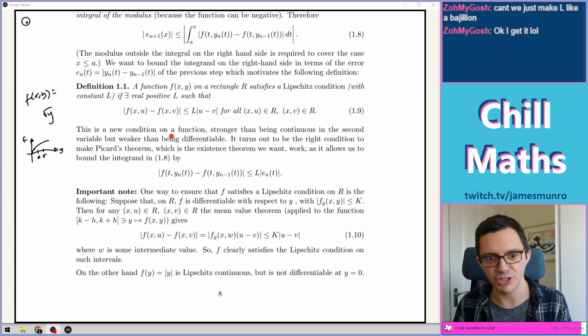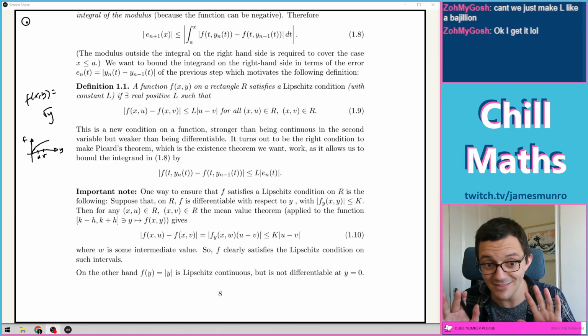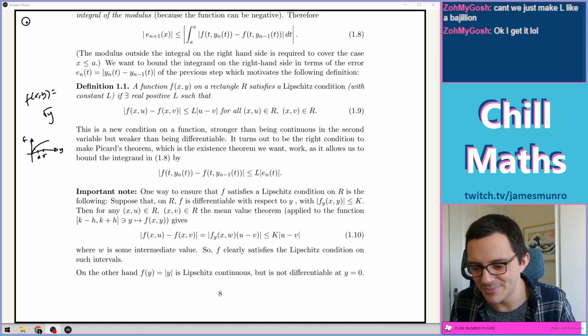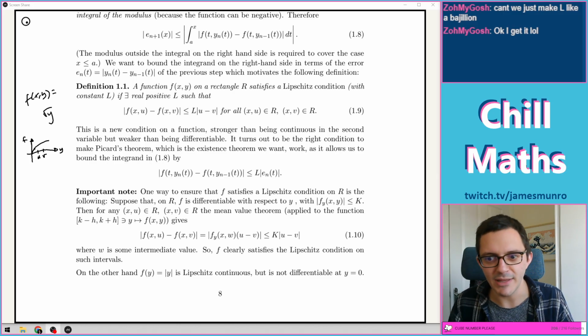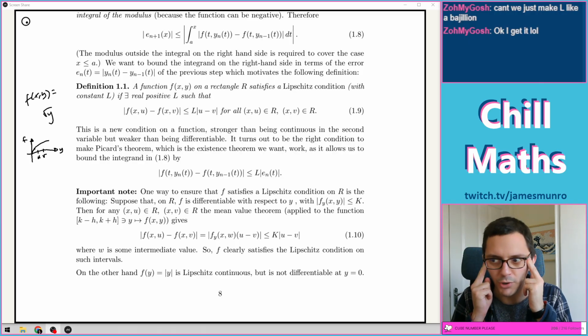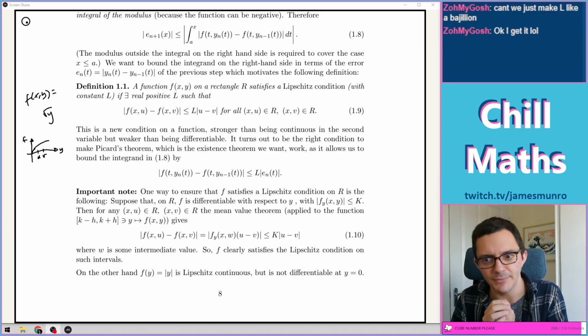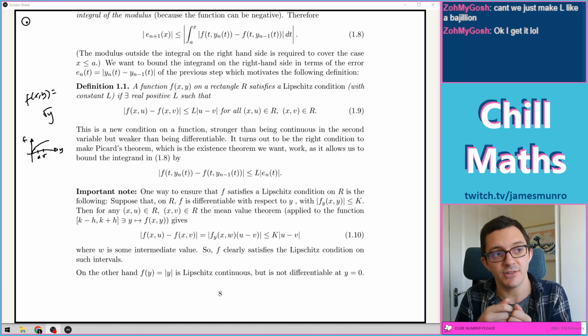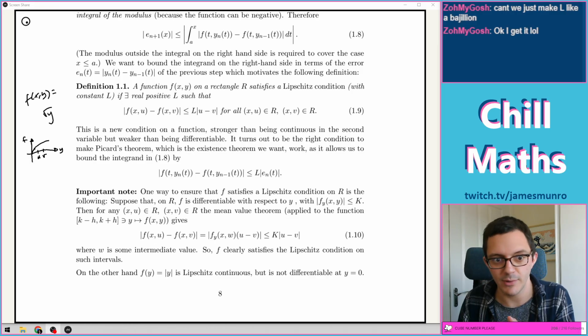If you make L like a bajillion, then I have to move. It's really sneaky, but I have to make u and v something like 1 over a bajillion squared, so that the difference between u and v is tiny. It's 1 over a bajillion squared. But the difference between the y values through the square root is surprisingly large. It's only 1 over a bajillion.